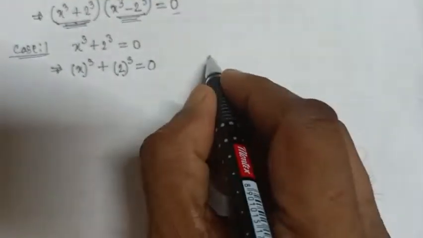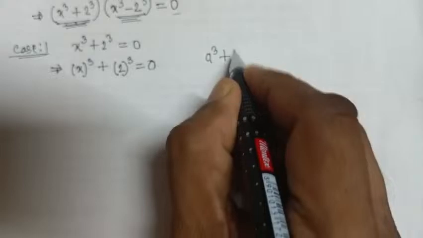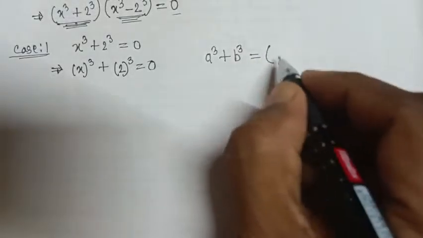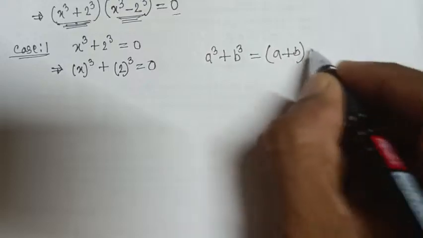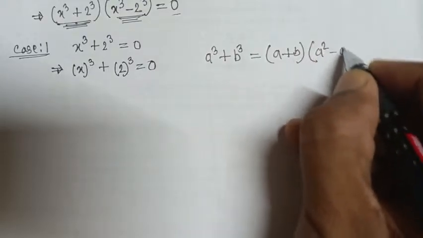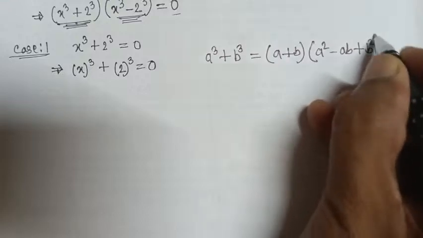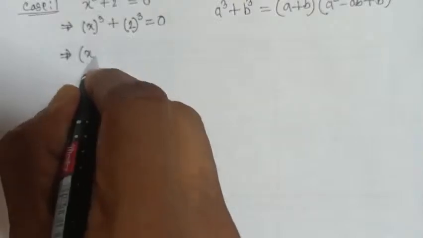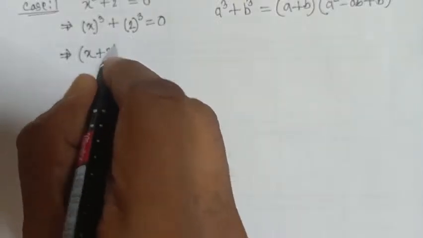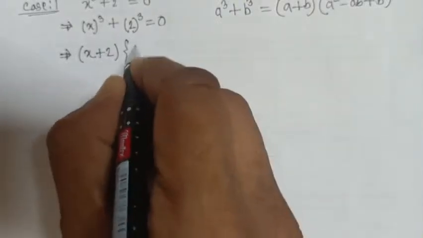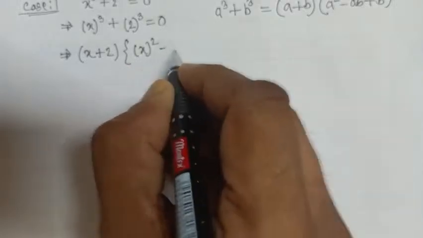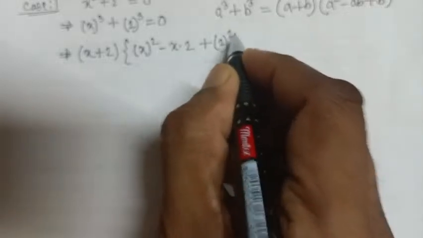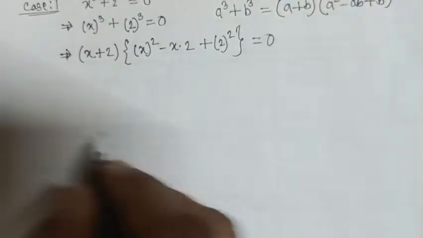Now we know the formula a cube plus b cube is equal to a plus b into a square minus ab plus b square. So we apply the same here. That equation should be like this: x plus 2 into x square minus x into 2 plus 2 square equals 0.